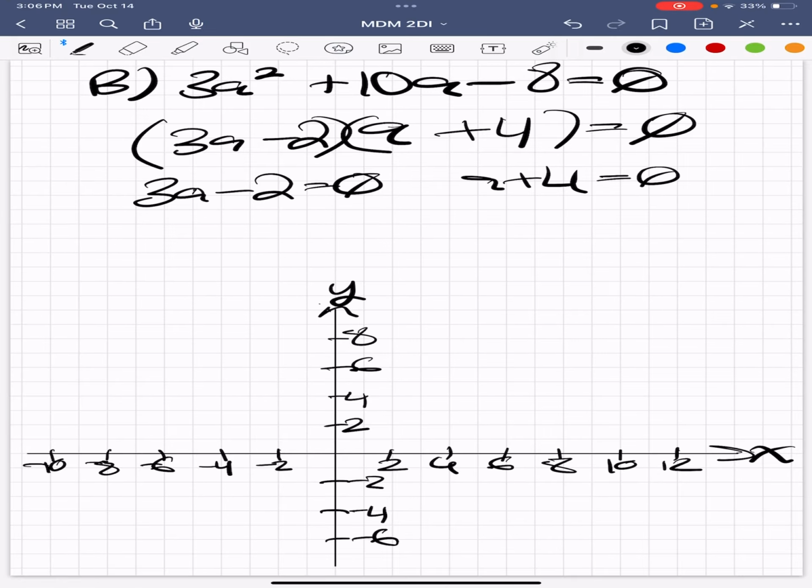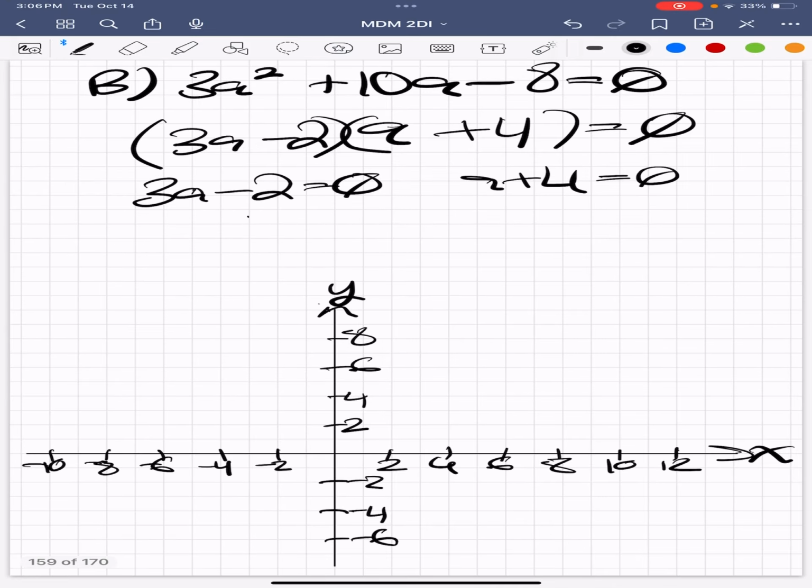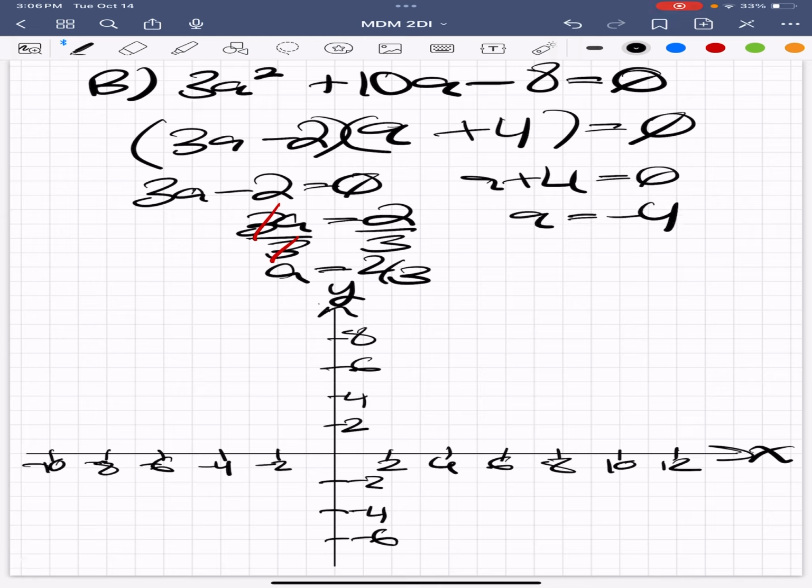And then we have, so 3a equals 2 over 3, crossing out the 3s. So a would be 2 over 3, and then we have a equals -4.